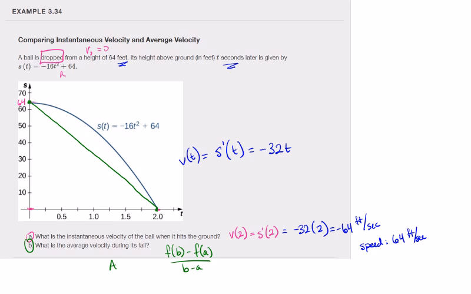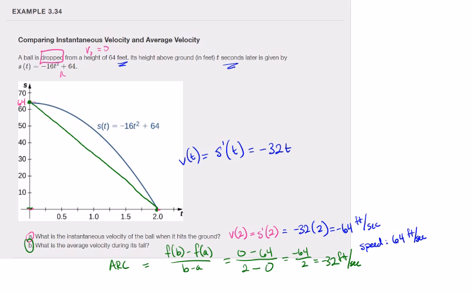Okay, so this is the average rate of change formula. And so f of b, where we ended up, that's our output, and that's 0. So it'd be 0 minus where we started, f of a, which is 64. And then the bottom, b minus a, is once again where we ended up, the input value 2, minus the original input value 0. So it's negative 64 over 2, which is negative 32 feet per second.